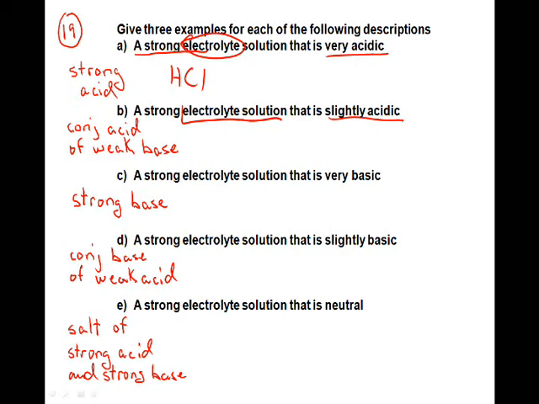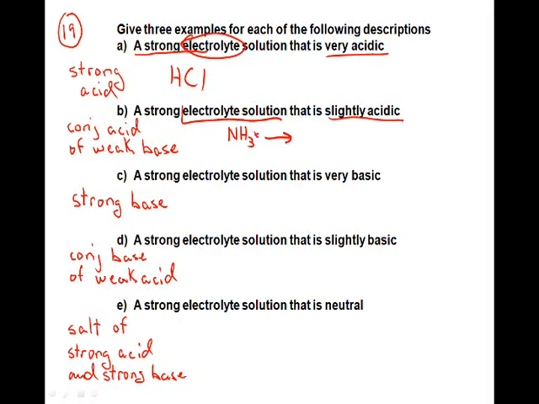And so maybe you have ammonia, NH3, and that in combination with H2O produces NH4 plus and hydroxide ions. So this is the conjugate acid of a weak base.